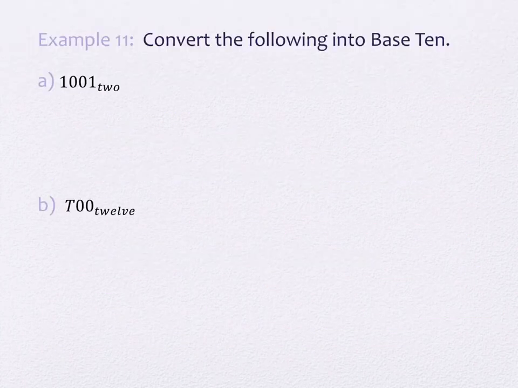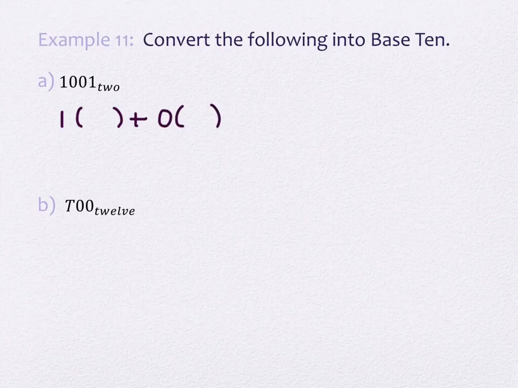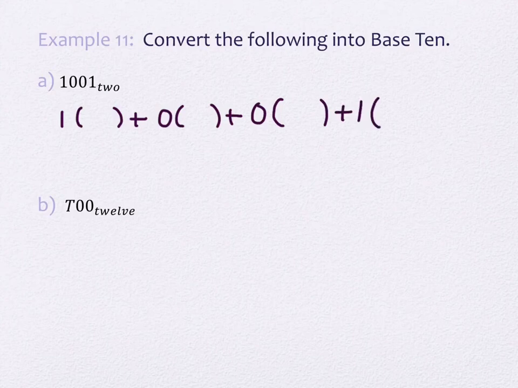So we should see an example of this. In particular, what we're going to do is have each of the numerals that's given to me times a number. Now, the parentheses that I put in are going to be the powers of whatever base you're working in. So what is the base I'm working in on this particular problem?